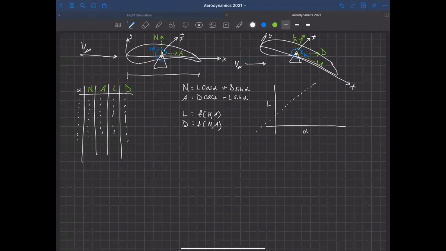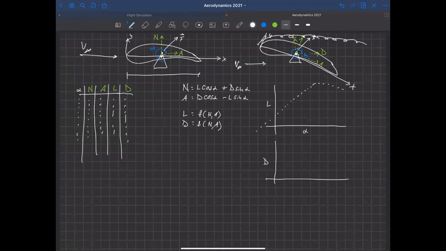Now we're going to get up to some angle of attack where the airfoil stalls, and what that means is that the flow is going to separate off the top here, and we're going to lose lift, right? As long as the flow stays attached, this is going to be fairly linear. So up to some point, it's going to look about like this, and then it might drop off past that once we stall.